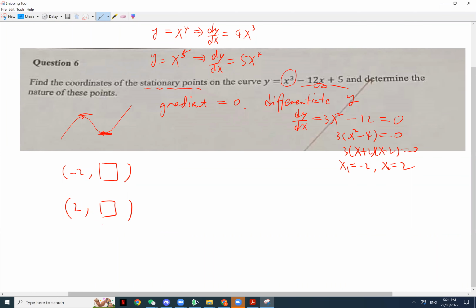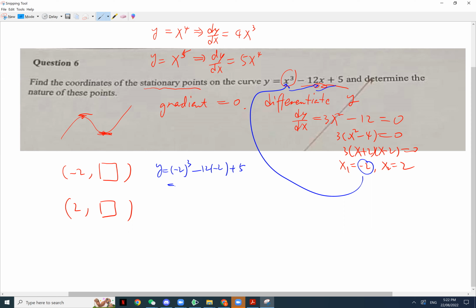How we work out y values? Nina. Yes, we just put this number into here. So you can find y values. So y just equals -2 to the power 3, minus 12 times -2 plus 5.